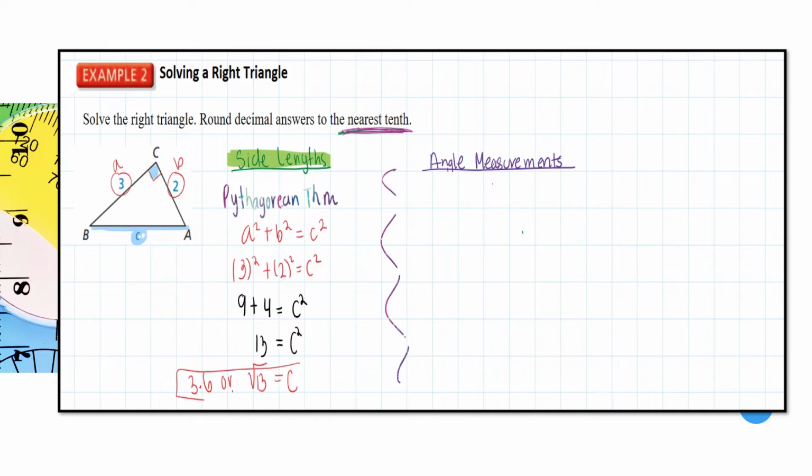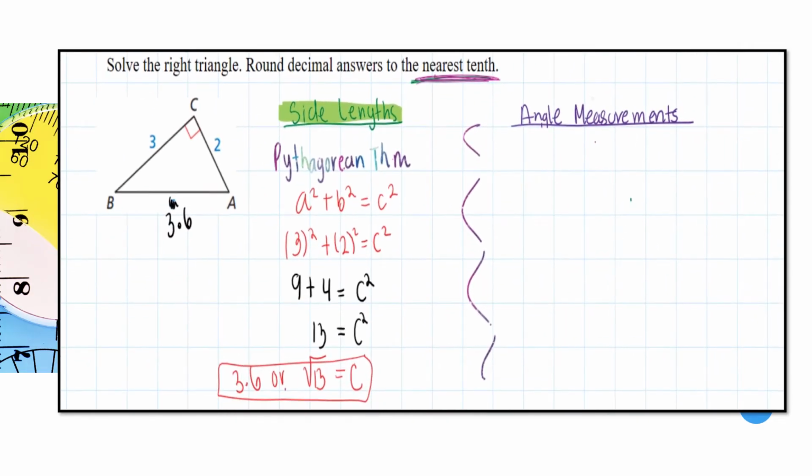That gives you approximately 3.6. We are going to turn it into decimal form just because we might be using it for a trig ratio later on, or not. So c is 3.6. All right, we have found the length of all the sides.